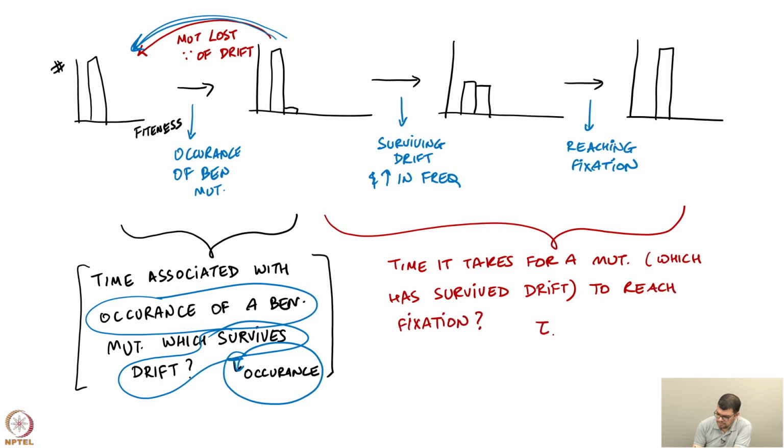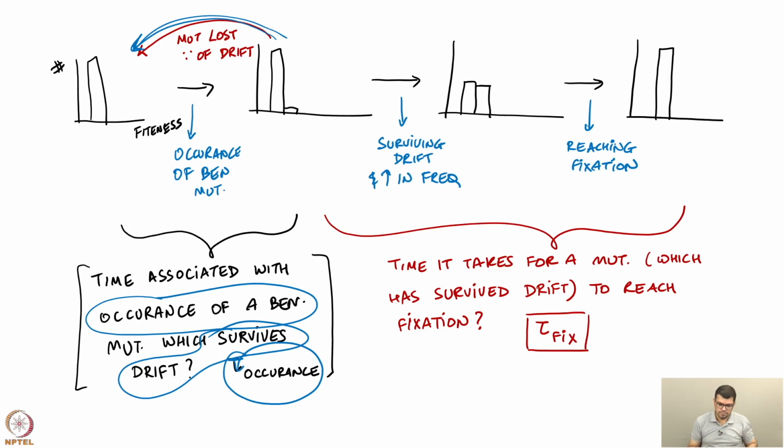Let us call this time as tau fix. So, these are the two time constants that we have in the process, time of occurrence and surviving drift, and thereafter once it has survived drift, the time to reach fixation.